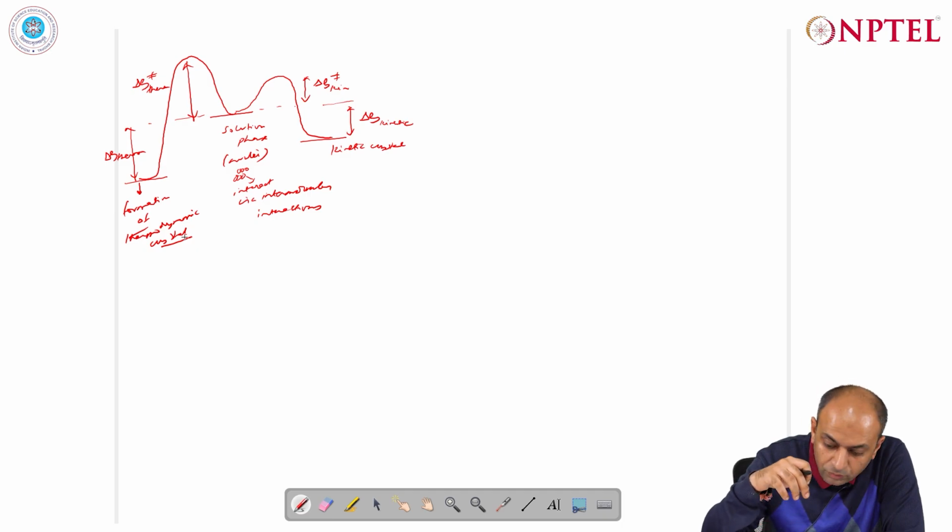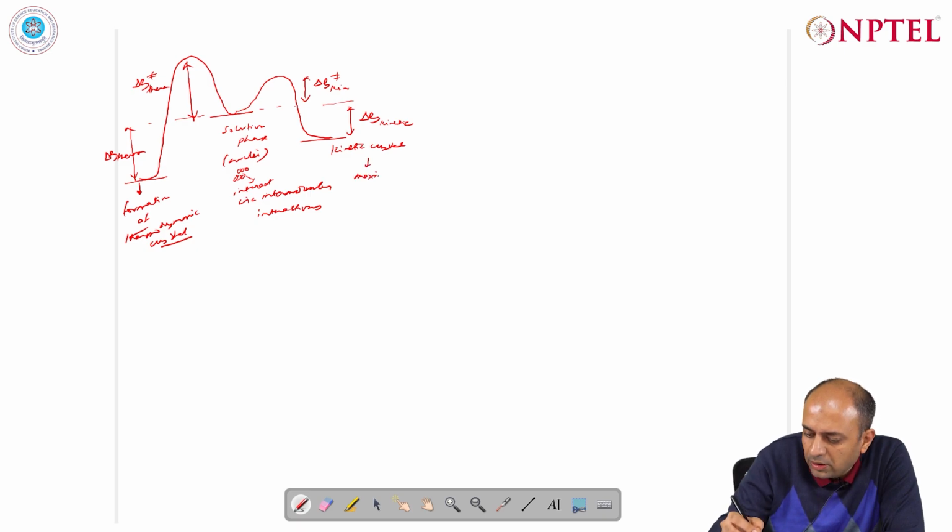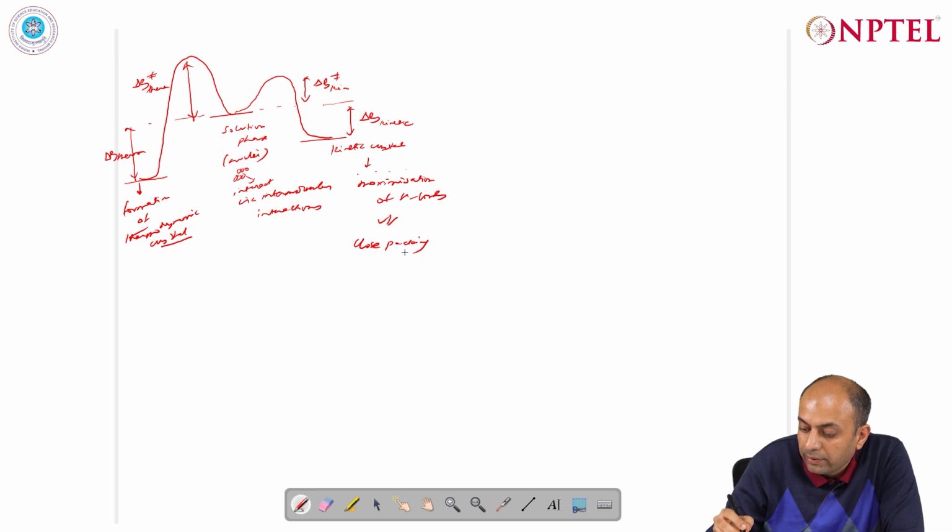And in this regard, what has been proposed is that when you get a kinetic crystal, there is a competition between the maximization of hydrogen bonds versus close packing, and it is the competition between these two sets of forces that decides the outcome of crystallization.